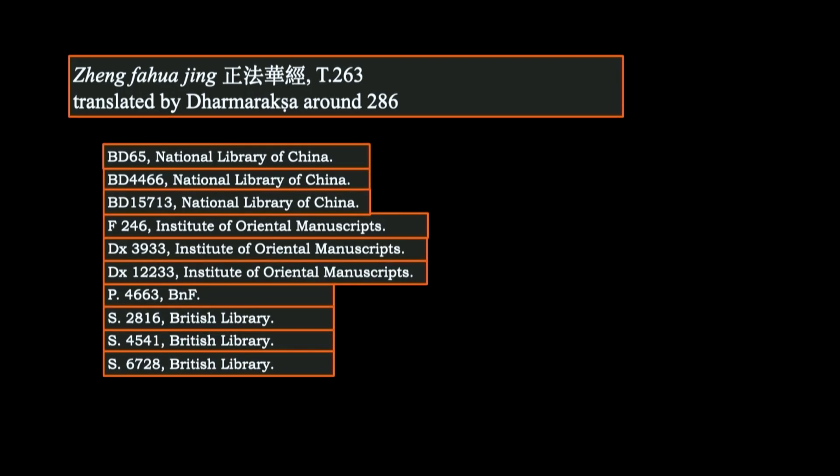So, as you know, the translation of this scripture by Dharmaraksha is found in a very limited number of copies in the Dunhuang manuscripts. There is a total of 10 manuscripts, as far as I know, in the four major collections. And this number is even less consistent if we consider that some of them are most likely fragments of the same scroll.